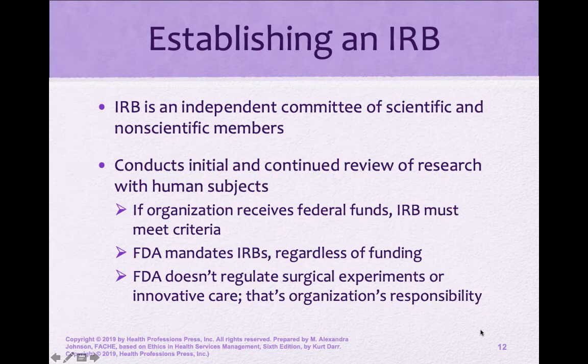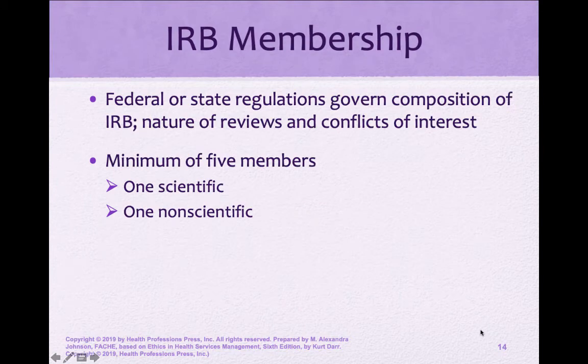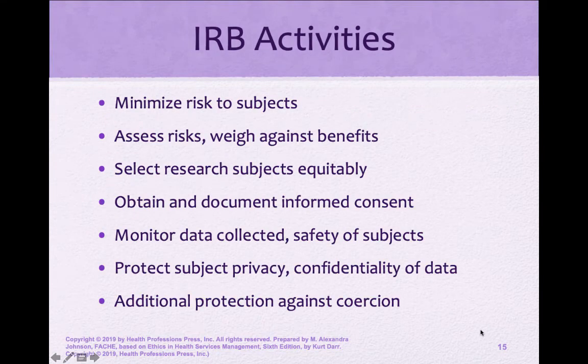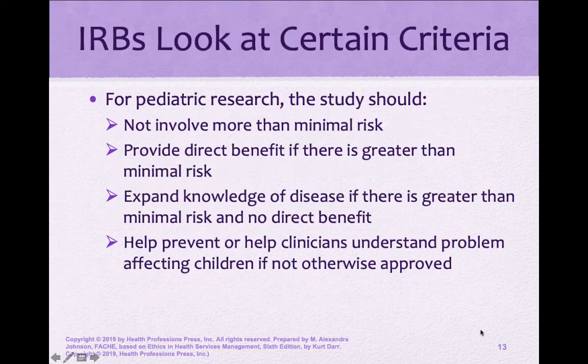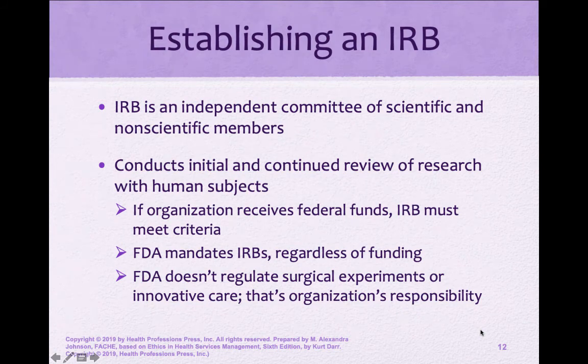So it's an independent committee, much like the ethics committee, and it's going to have scientists, but it's going to have non-scientific members as well. Typically, there will obviously be scientists involved, and they will have non-scientific members. If you're doing any studies on a prison population, you're going to have a representative from that community involved.